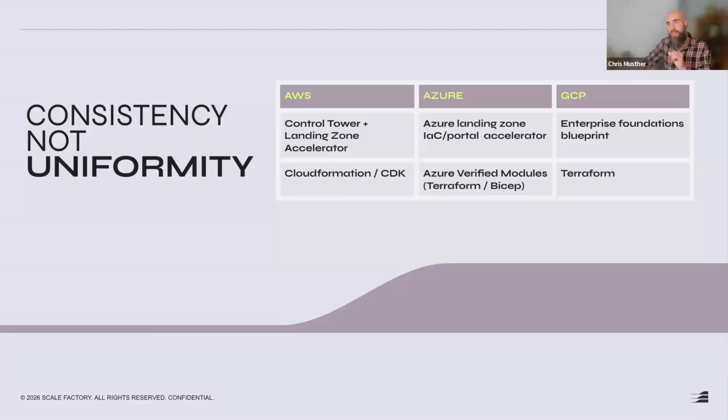So the advice is consistency of principles when you're deploying landing zones multi-cloud: centralized logging, least privilege, infrastructure as code, all that good foundational stuff. But don't necessarily implement it exactly the same way across your different cloud providers for each landing zone.